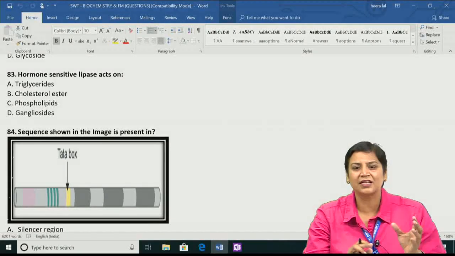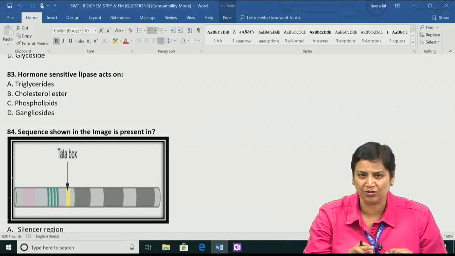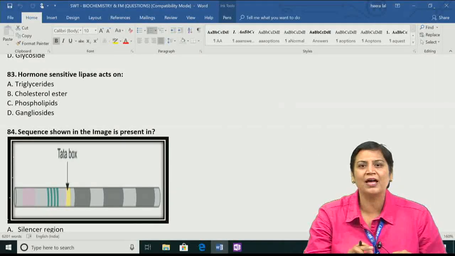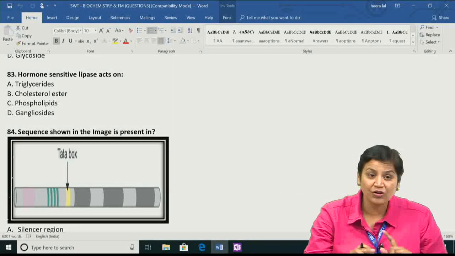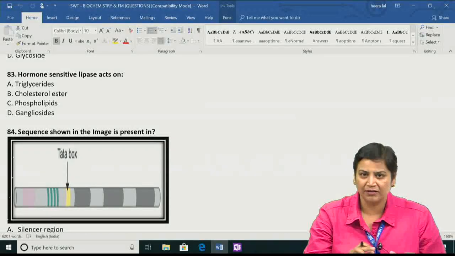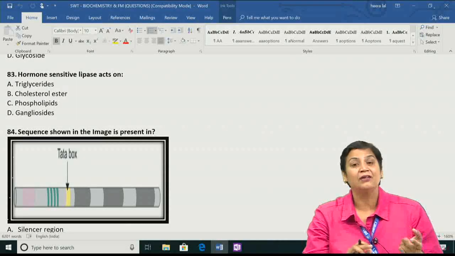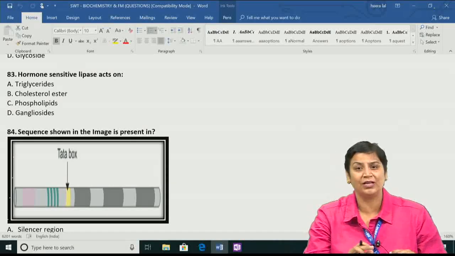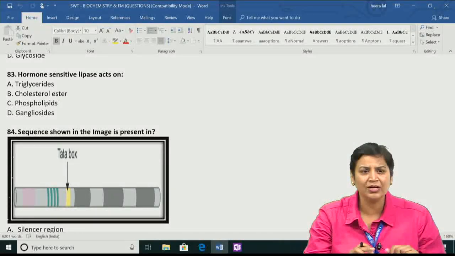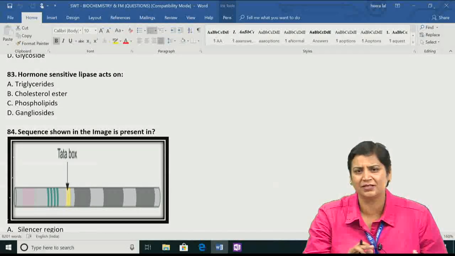The stored triglycerides in the adipose tissues will be acted upon by hormone sensitive lipase triggered by glucagon. Glucagon activates it, insulin deactivates it. Insulin inhibits hormone sensitive lipase. In fact, insulin activates lipoprotein lipase. So here it is simple lipolysis.